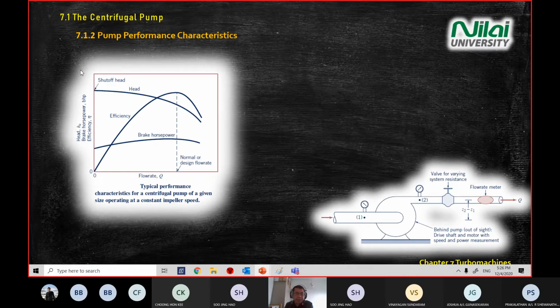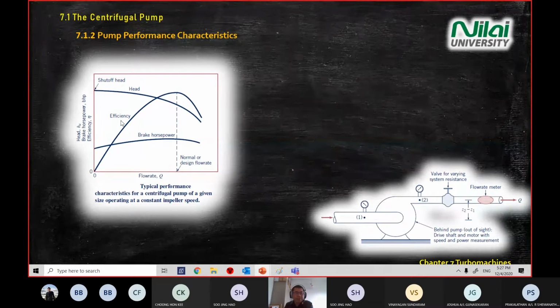Again, I repeat, how do you use this graph in the industry? When you want to buy a pump, you look at a pump efficiency graph. Usually it gives you pump head, brake horsepower, and efficiency on the left, combined in one graph versus flow rate. How do you make full use of the graph?